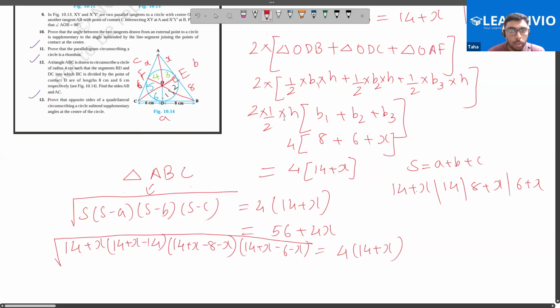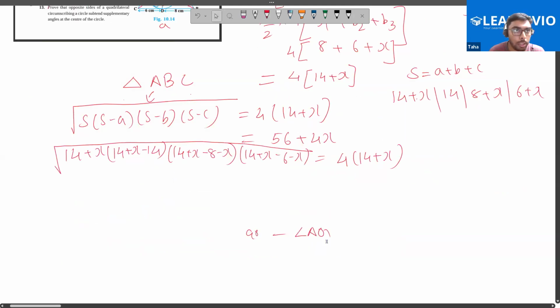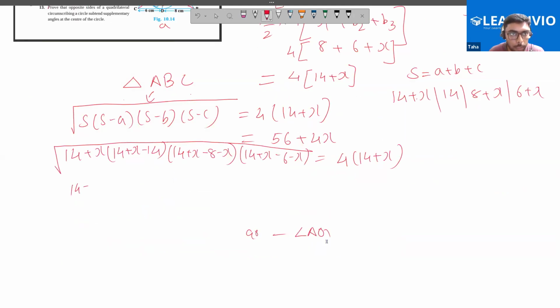Now what will be the values for the stuff inside? This would be 14 plus X. This would cancel out and this would be X. Over here, 14 minus 8 would be 6. Over here, this and this will get cancelled, 14 minus 6 would be 8.